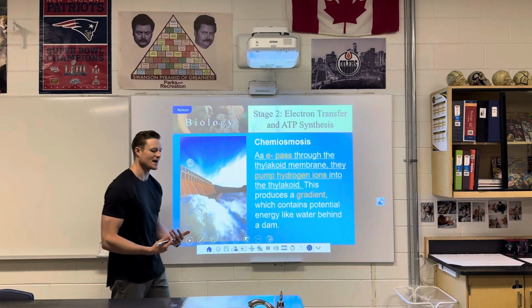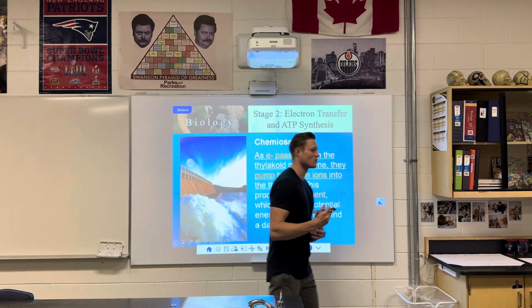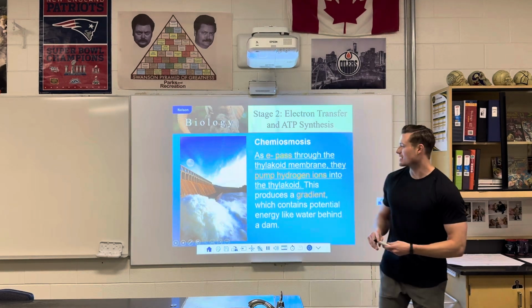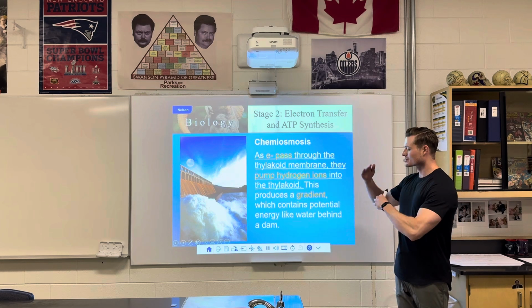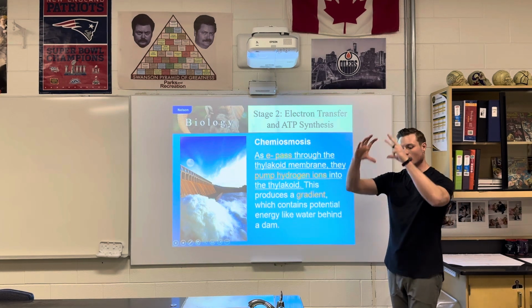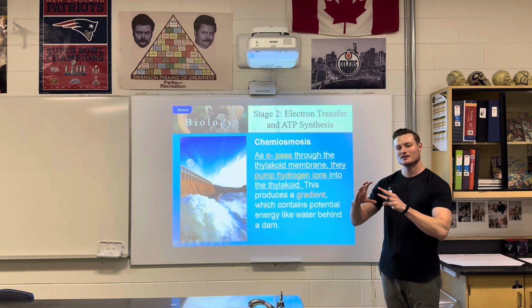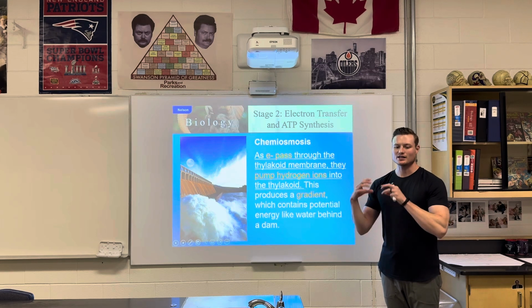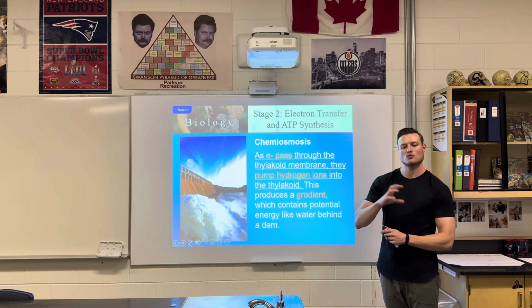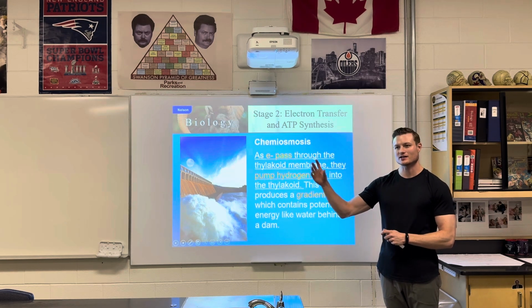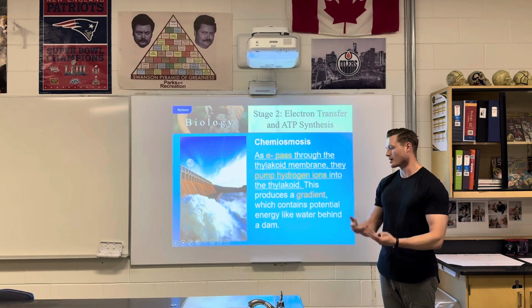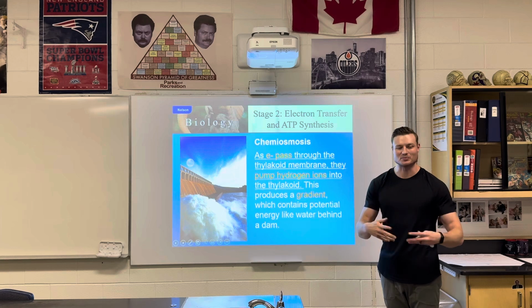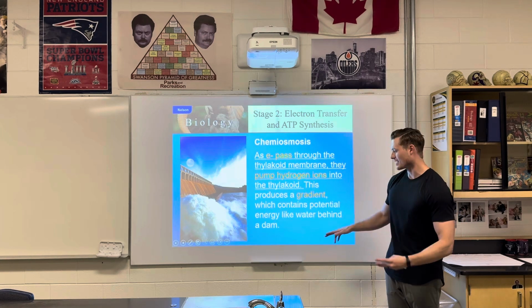It's kind of like a dam, where the dam is holding back the water. The electrons passing along the membrane will actually produce this charge gradient where all the positives are inside, but it can't get out. So now the inside of the thylakoid is way more positive than the outside, and these electrons keep pulling in more and more hydrogen. So once again, it's like building up a charge, building up a dam.